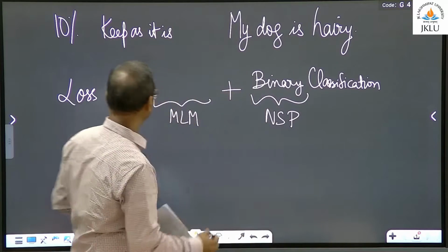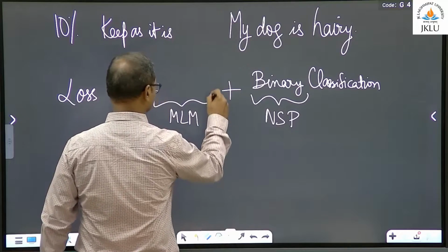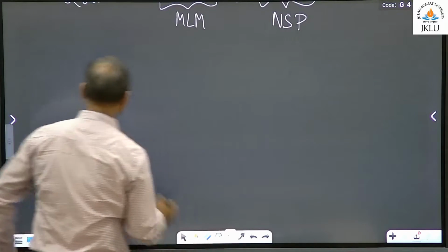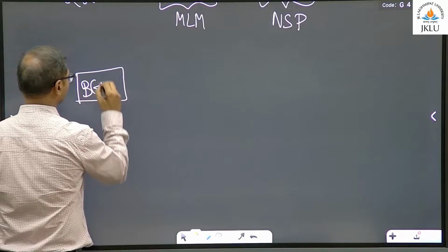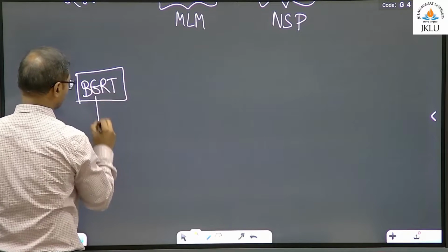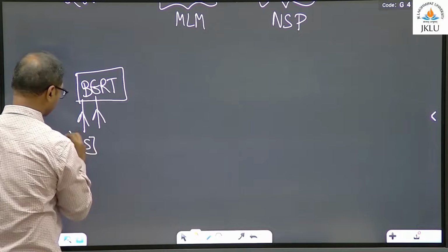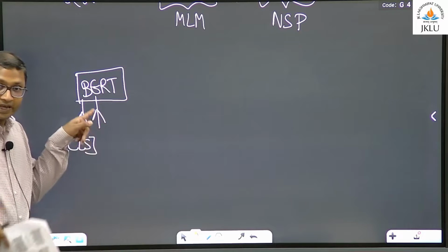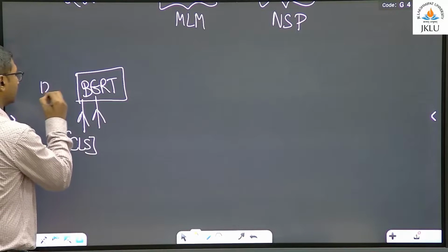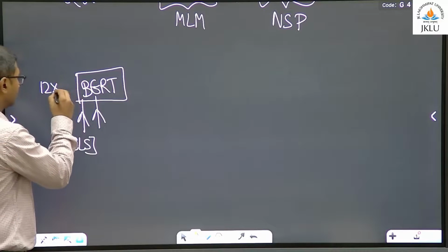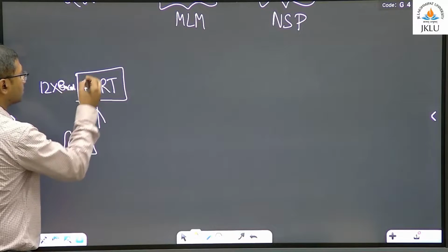So finally, the way BERT works is, I will just use it here. This is your BERT. I am just talking about this CLS now. Like everyone else, CLS will also go all the way up through my 12 encoder blocks.